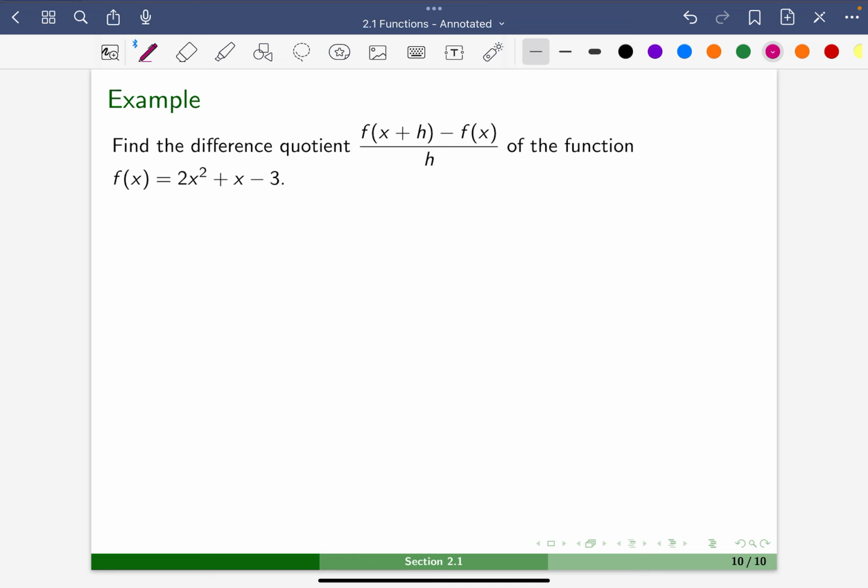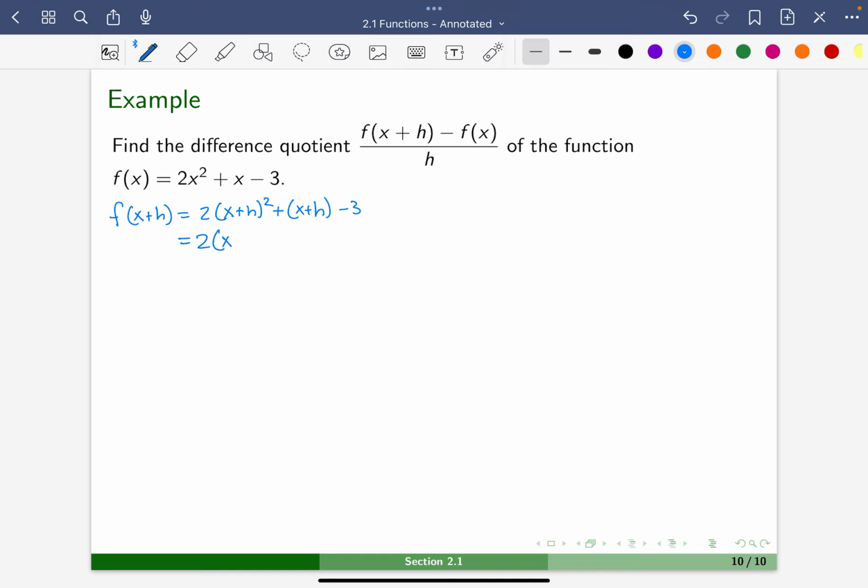So here we have, again, finding a difference quotient. Our function f of x is 2x squared plus x minus 3. So the first thing that we will do is we're going to find f of x plus h. So 2 times x plus h squared plus x plus h minus 3. So we have x plus h squared.